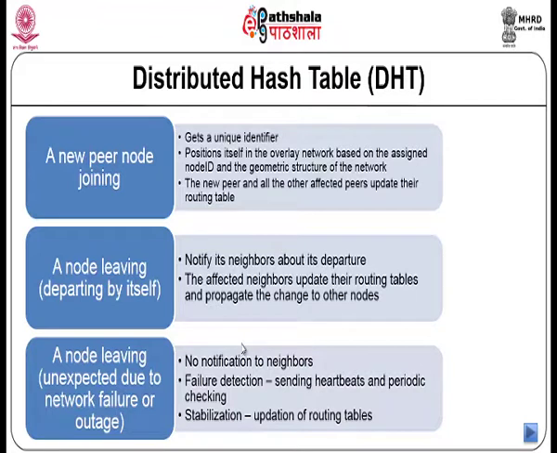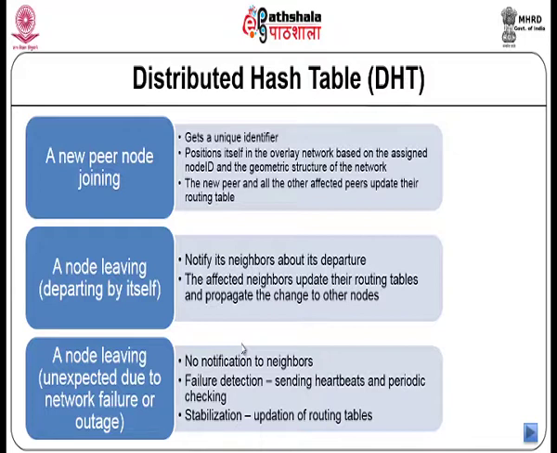What happens when there is no premeditated leaving? A node suddenly fails and leaves. So, no notification is possible, and nobody is really aware that a node has failed. In that case, the failure has to be detected.